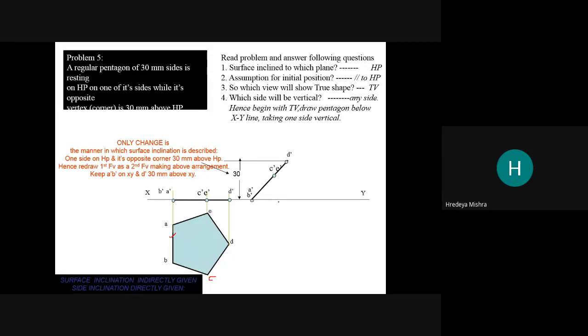Now, next we have to draw the projection. This is the vertical projection, and now draw the horizontal projection. Now you see, here this is E and this is C. So we can say that this is D1, E1, C1, A1 and B1, like you put the name.